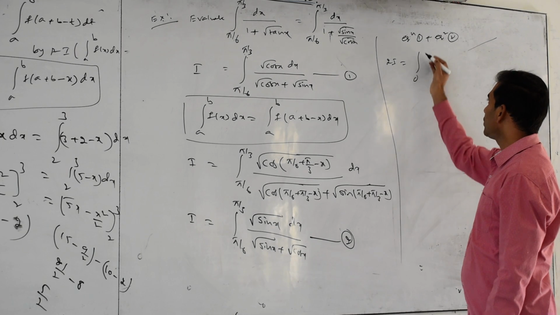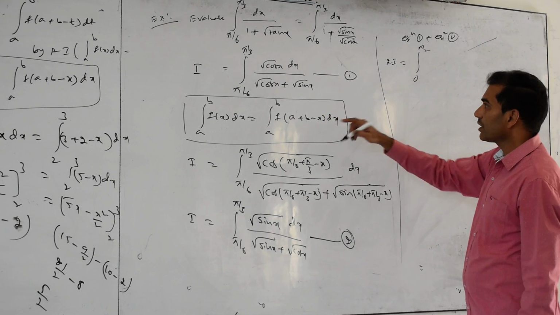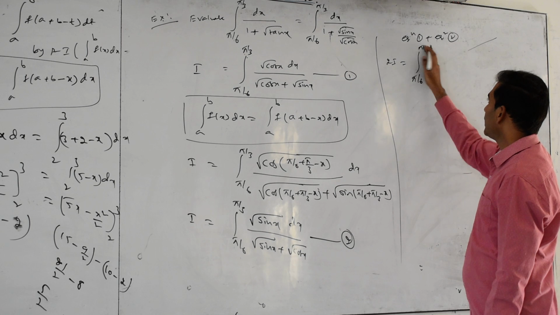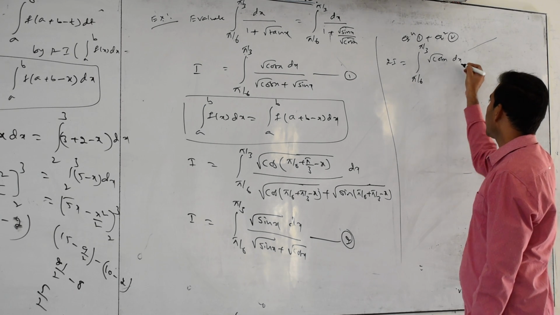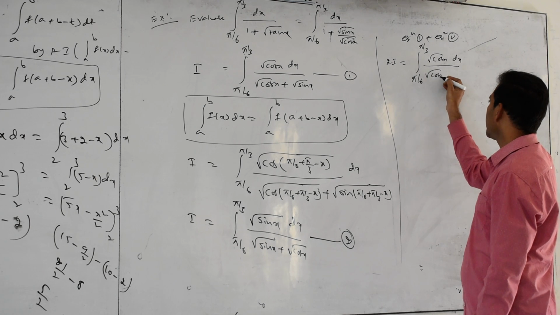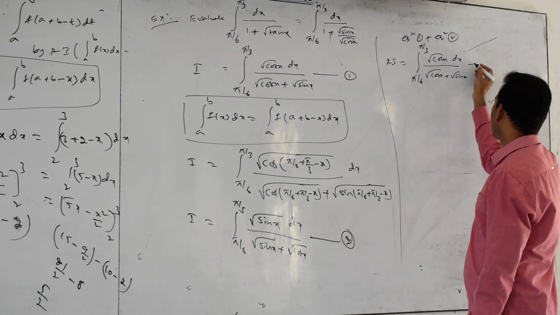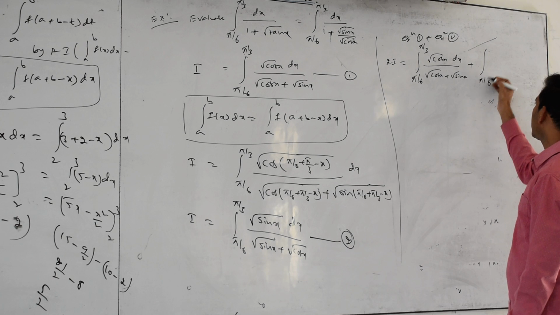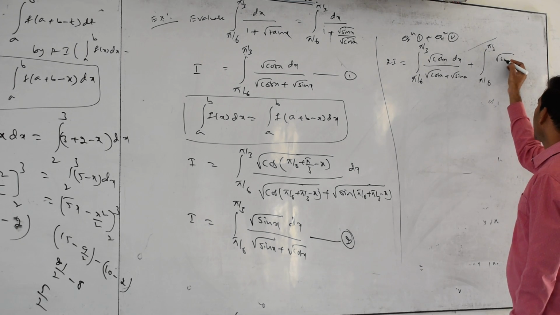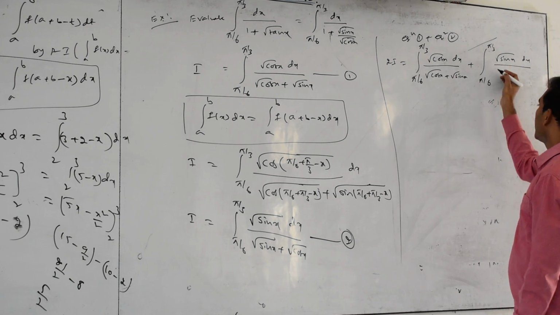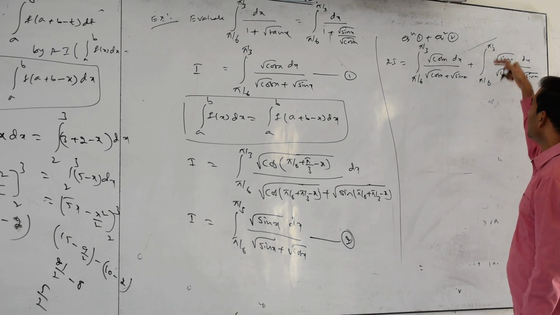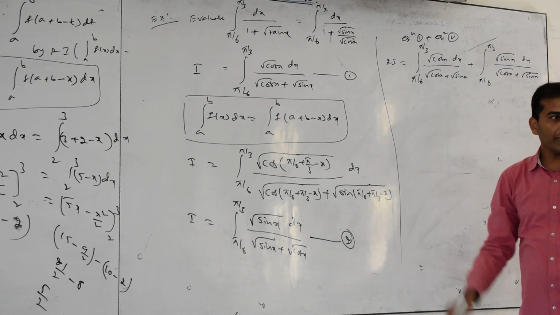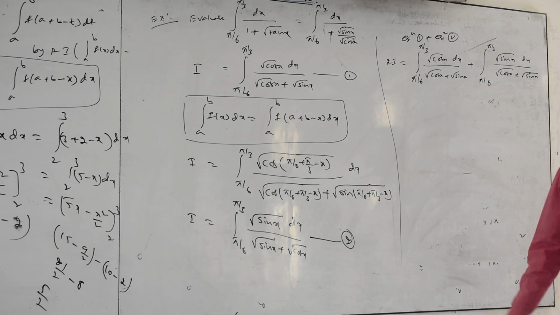Then integration of pi by 6 to pi by 3 root cos x dx by root cos x plus root sin x, plus pi by 6 to pi by 3 root sin x dx by root cos x plus root sin x. The limits should be the same when you add two integrations.